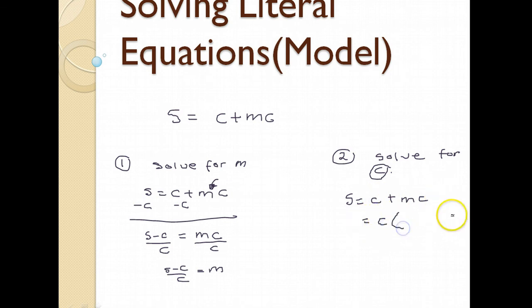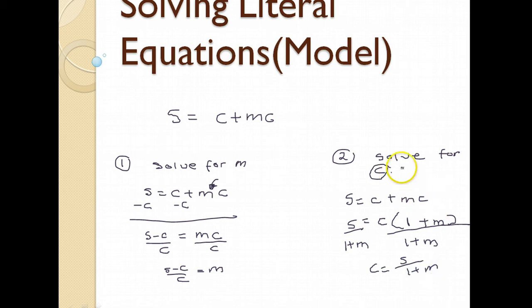Taking out a c, I would have 1 left here because 1 times c is c. If I were to go backwards and distribute, I would get back c plus mc, since m times c is mc. And then to get c alone, I just divide by that 1 plus m on both sides. So c equals x over 1 plus m.